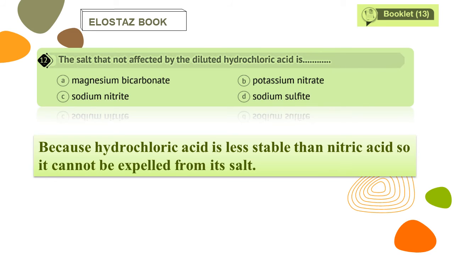So the hydrochloric acid is less stable than nitric acid, as we discussed regarding the stability of weak and strong acids. So it can expel what? Expel potassium nitrate from its salt? So potassium nitrate will be the right answer, or any salt coming from the nitrate group, NO3 negative.